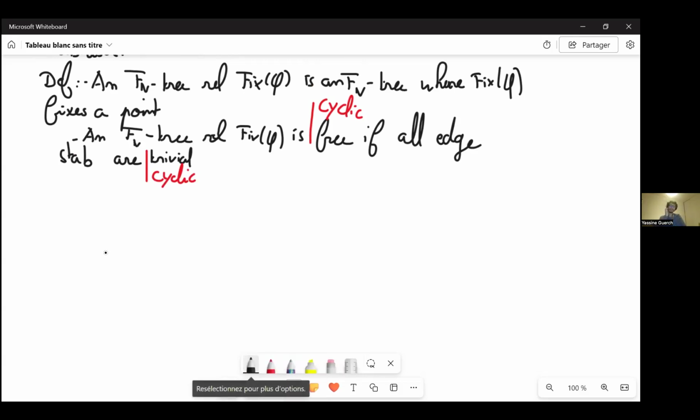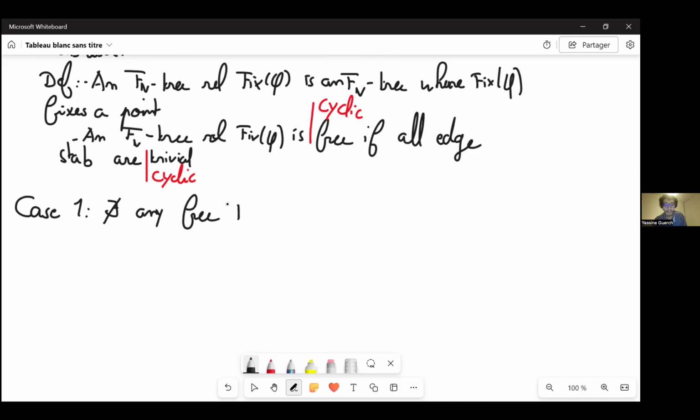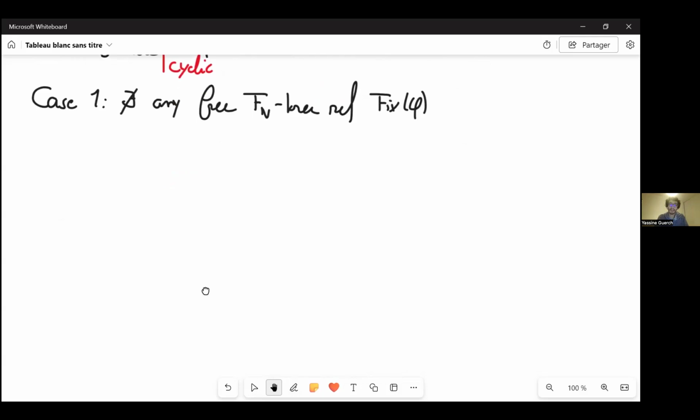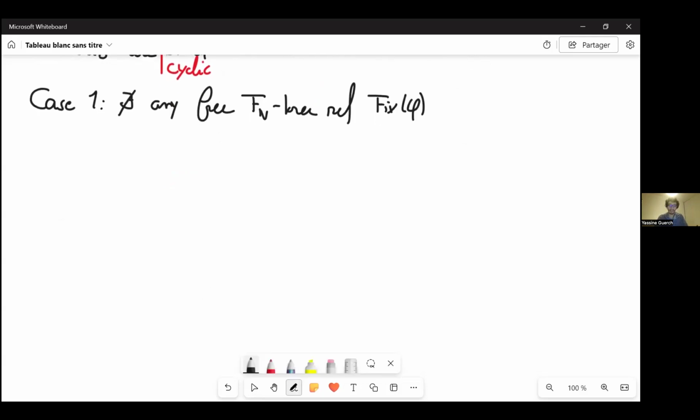So the construction of the FN trees will be divided into several cases. The first one is that there does not exist any free FN tree relative to fixed phi. This case can happen in several places.